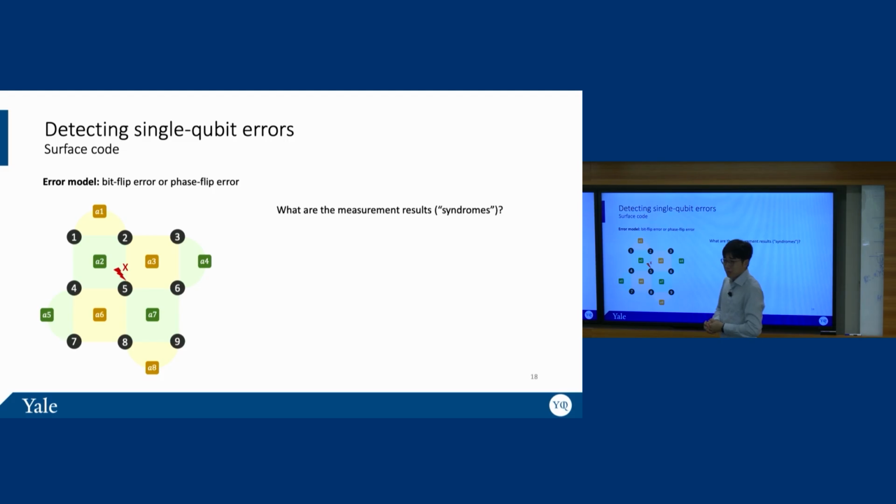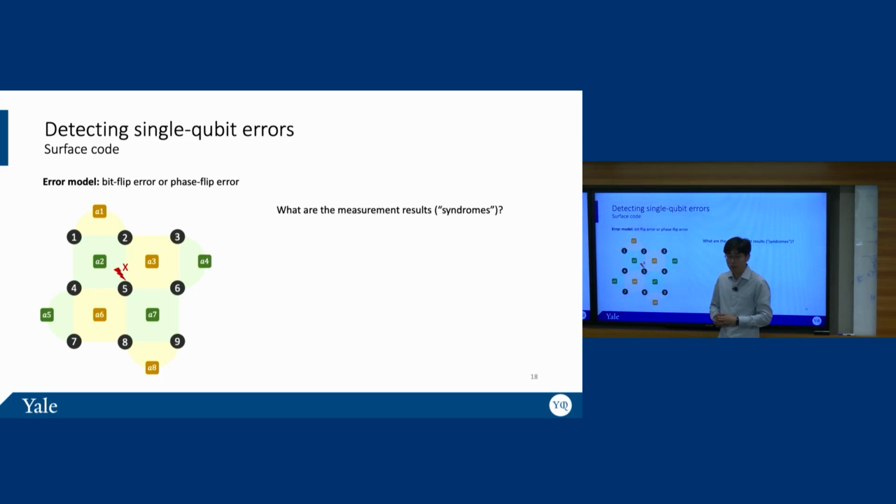Okay, so let's get back to it. So we have defined this code that I call the surface code on 9 physical qubits.